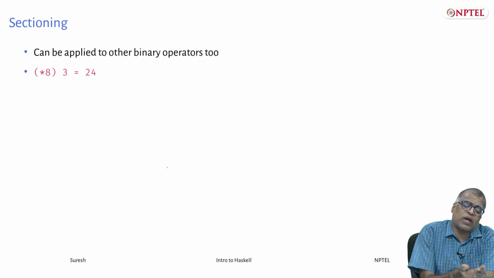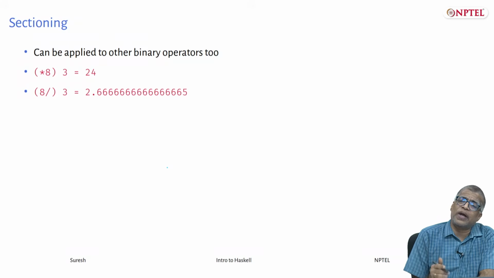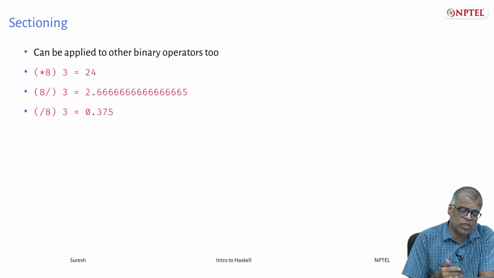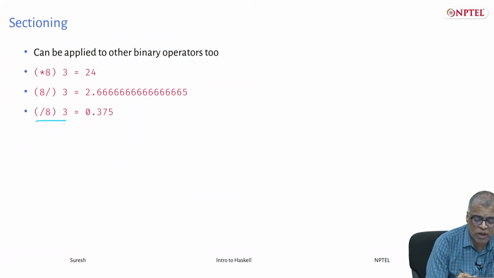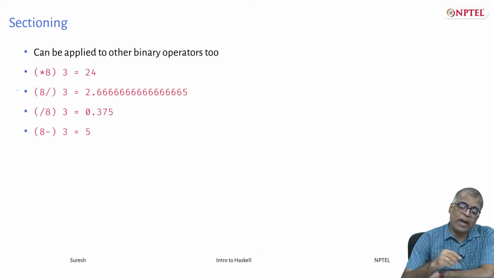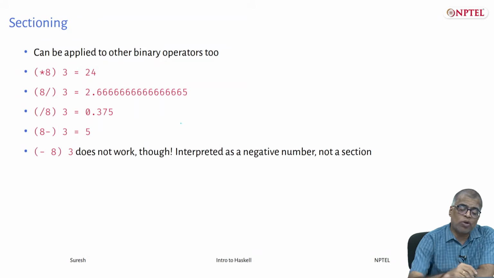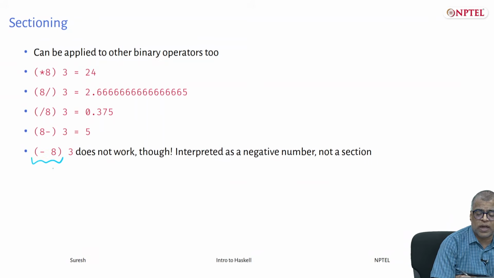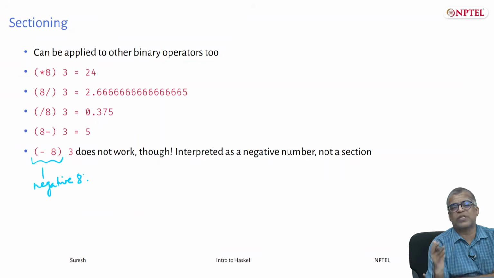You can apply this kind of sectioning to other binary operators also, not just plus. Star 8 applied on 3 is 24, 8 slash applied on 3 is 2.6665, slash 8 applied on 3 is 0.375, because this is nothing but 3 divided by 8, while this is 8 divided by 3. 8 minus applied on 3 is 8 minus 3, which is 5, but you cannot do minus 8 applied on 3, because minus 8 is negative 8, not the minus function where you fix the second argument.